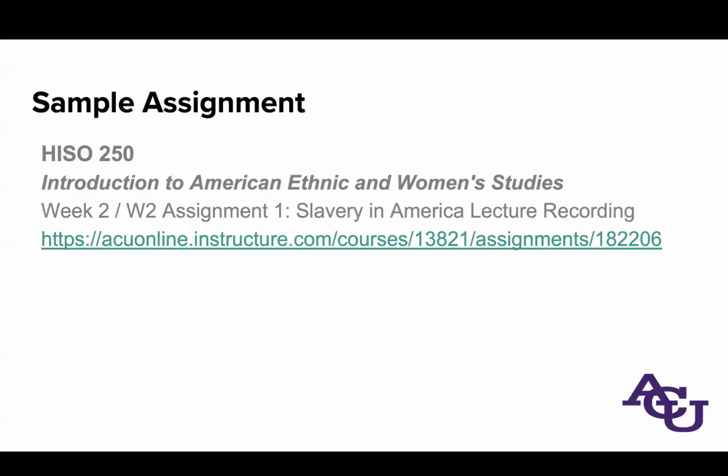So this is coming from the Introduction to American Ethnic and Women's Studies course, and looking specifically at the week 2 assignment 1, Slavery in America lecture recording. So let's take a look at the instructions for that assignment.